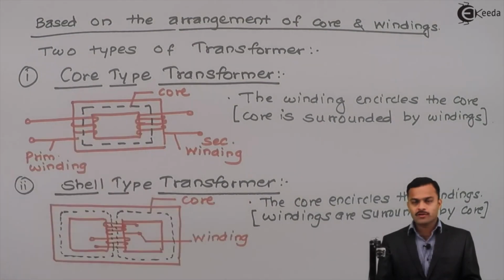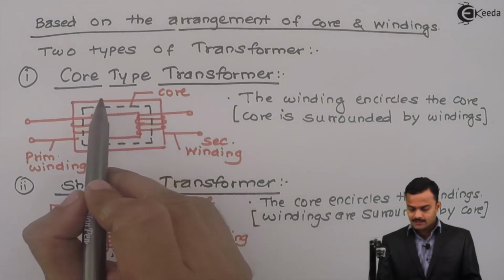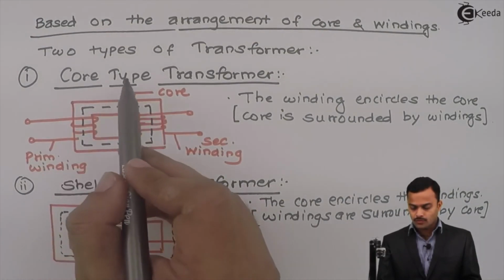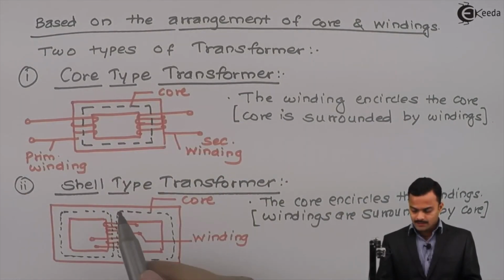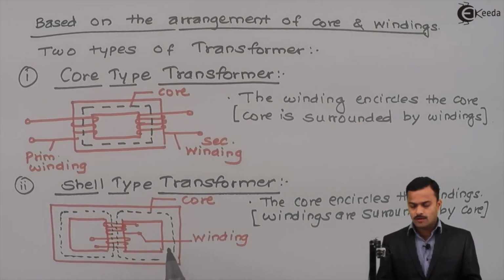It is very easy over here. Just to take this part of a core outside, then take the windings out and replace. But replacing windings over here is not an easy job. So based on the arrangement of core and windings, we have seen two types of transformer. Normally very high voltage transformers are of shell type.